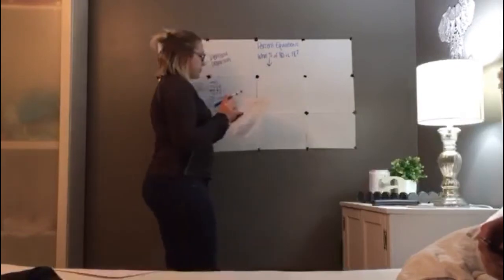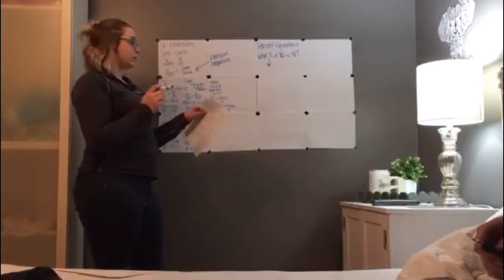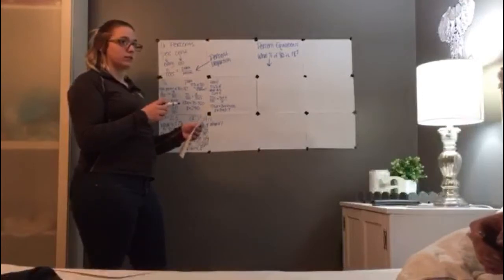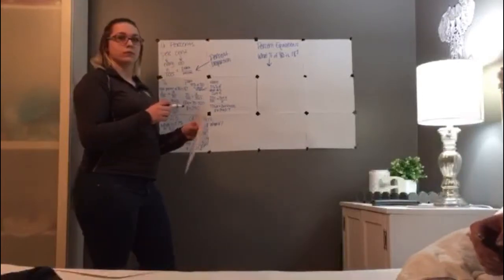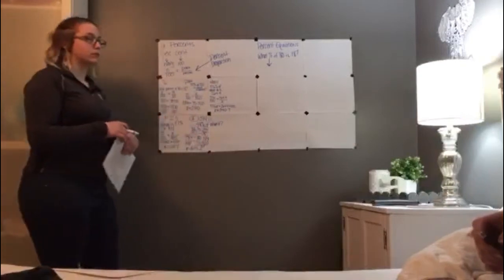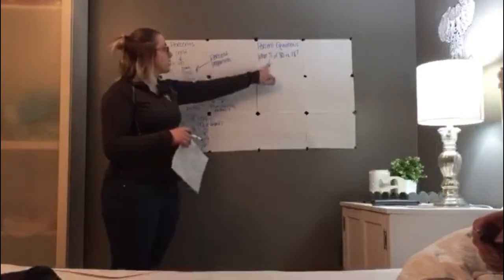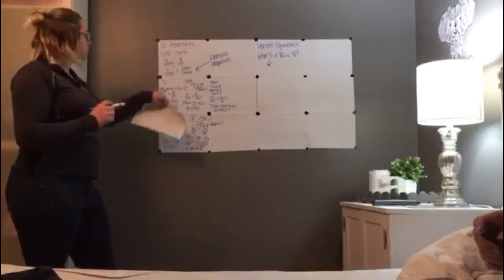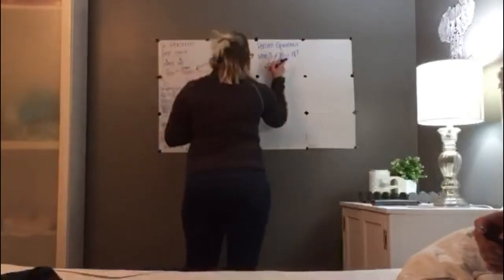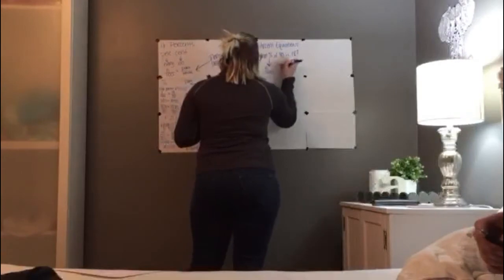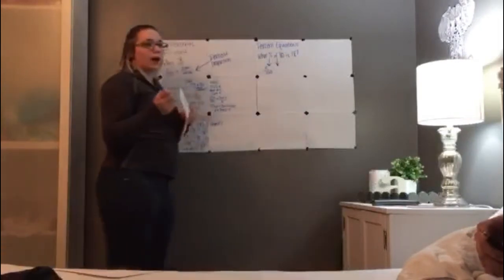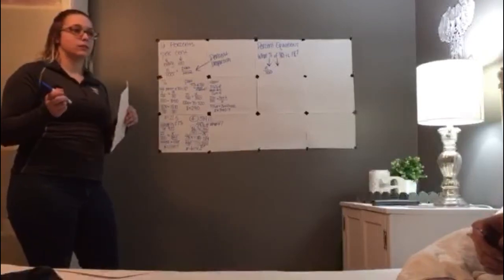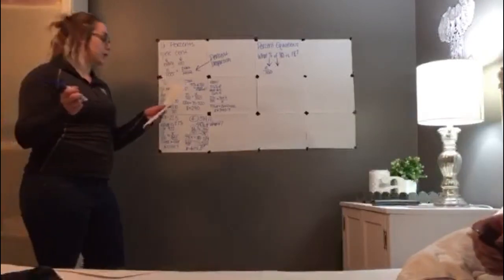Does anybody know what the percent is? We talked about it over here. What would we write for the percentage, like the percentage ratio? N over 100. Does anybody know what the word of means when you're setting up equations? Multiply.